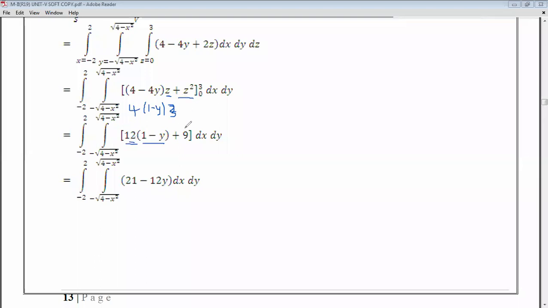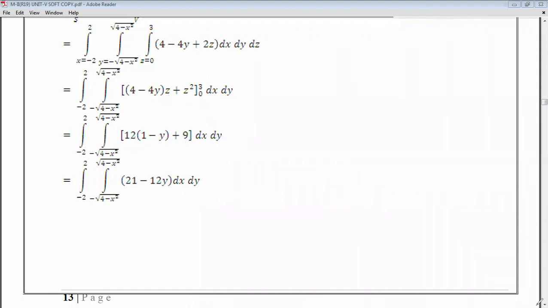And z square is 3 square, which is 9. If you substitute the lower limit, this becomes 0 and this is also 0. So what remains is 12 into 1 minus y plus 9. So we completed the first part, with respect to z.